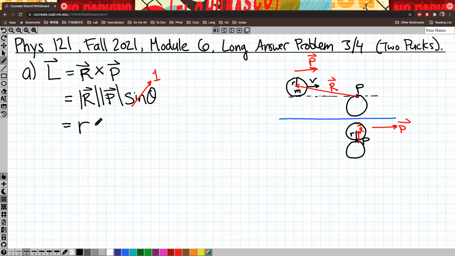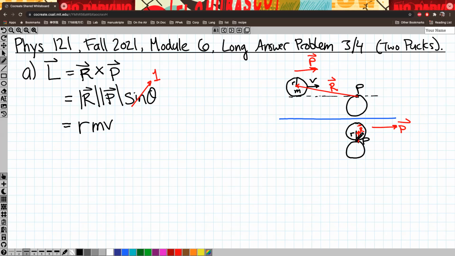Well, it says express your answers in terms of M, R, and or V. Oh, so instead of just P, it's just M times V. So R M V. Yes, so even though nothing is rotating around this pivot point P, if it's traveling to the right with a linear momentum P, then it does have an angular momentum of RMV.